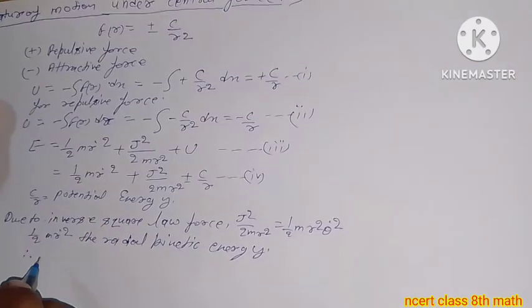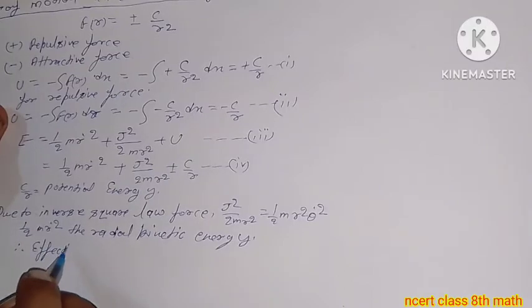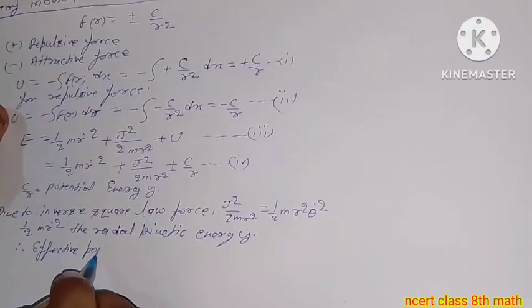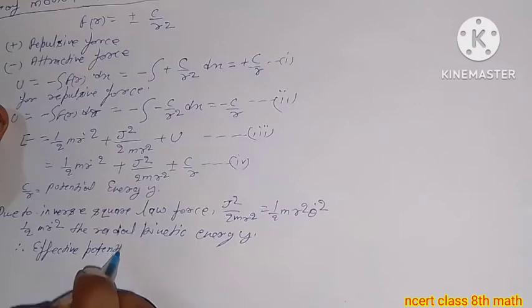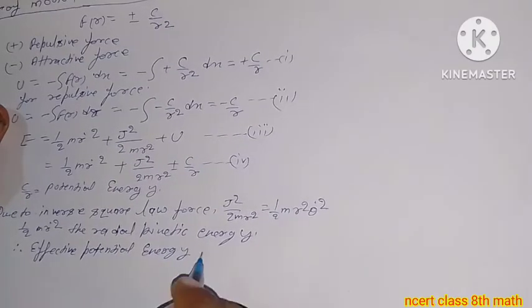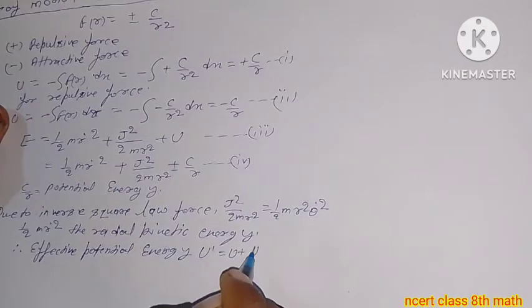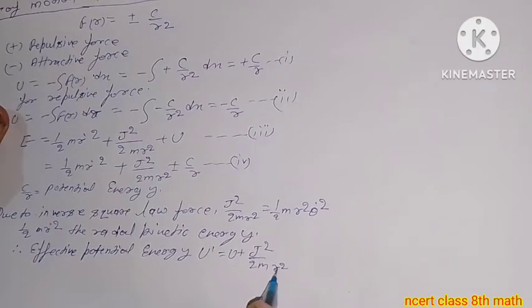And the effective potential energy U dash equal to U plus J square upon 2m r square.